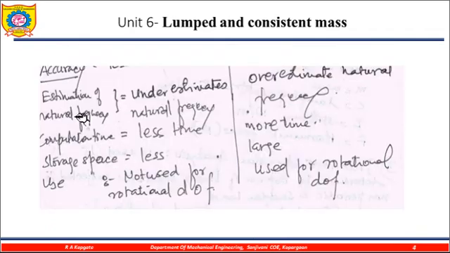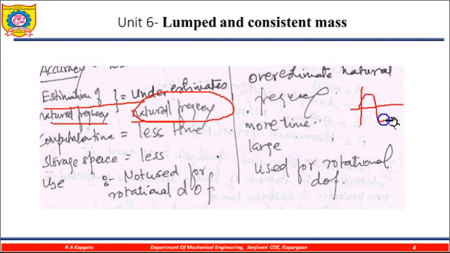In a similar way, for the estimation of the natural frequency, when we use a lumped mass, the natural frequency is underestimated, meaning it calculates a lower natural frequency, while the consistent mass matrix overestimates the natural frequency, meaning it calculates an upper level of frequency.